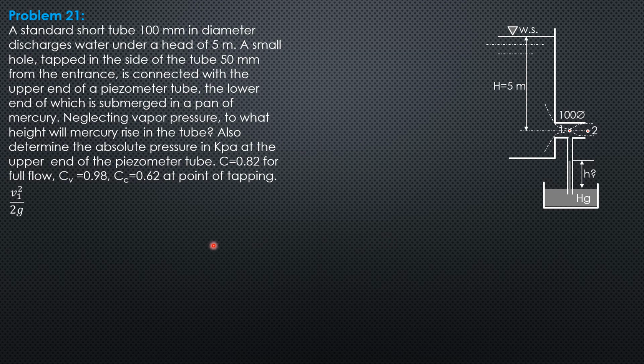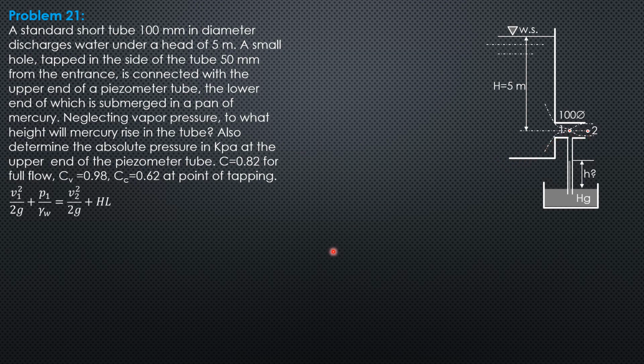So we write the energy equation between points 1 and 2. Velocity head at 1, pressure head at 1, elevation head at 1 is 0, because the datum is through 1 and 2, equals velocity head at point 2, which is the only energy available at point 2, plus the head lost between points 1 and 2.